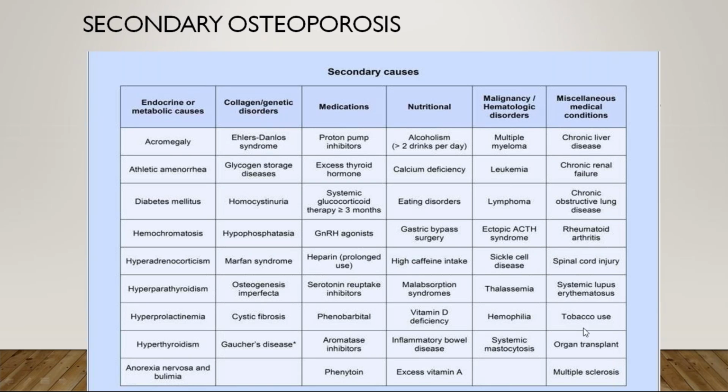This is the most common also. Tobacco use, high caffeine. If anyone takes regular coffee, it will mean a lot of caffeine, so they are also more prone to osteoporosis. And multiple sclerosis, all these will come under secondary osteoporosis. Okay.